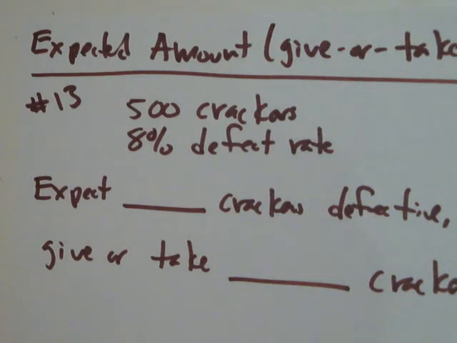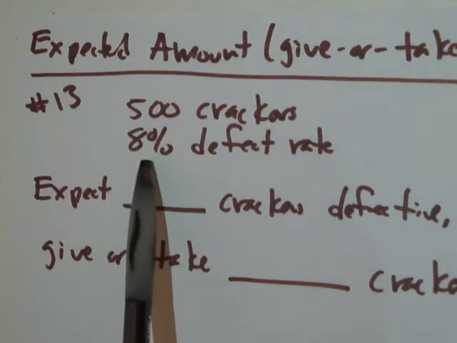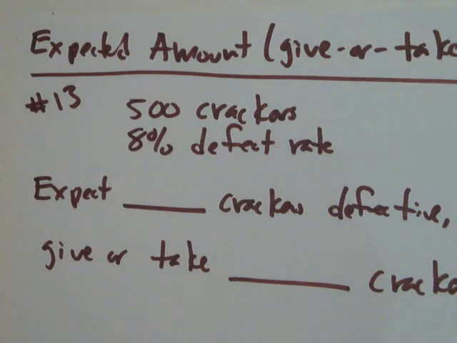So number 13 says that there's a factory that makes crackers, and the factory has an 8% defect rate. That means that for every 100 crackers they make, 8 of them on average are defective, so a cracker doesn't come out exactly right. What they told us here is that they took a sample of 500 crackers.